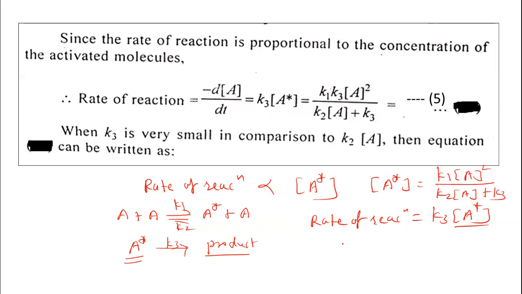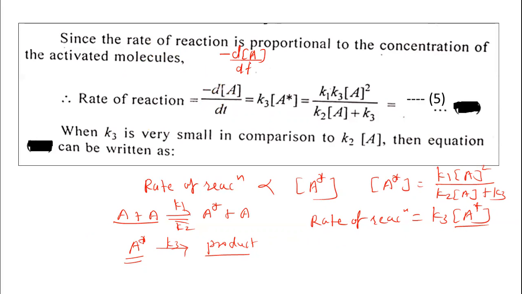So the rate of the reaction can be written in this way also: change in concentration of the reacting molecule A with respect to time. The rate of the reaction mathematically can be written in this way. The minus sign indicates that the concentration of this reactant goes on decreasing.